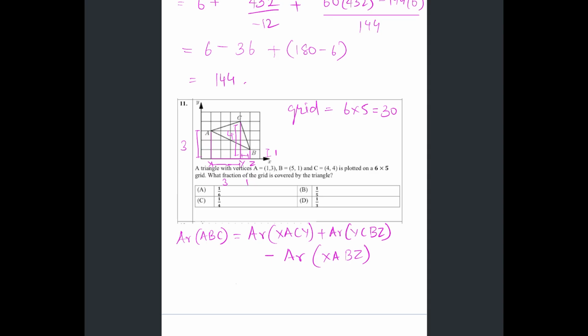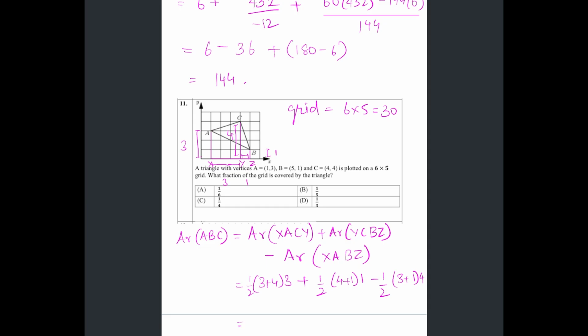So we have the area is equal to area of trapezium XACY, which is half into 3 plus 4 into 3, plus area of YCBZ, which is half into 4 plus 1 into 1, minus area of XABZ, right, which is half into 3 plus 1 into 4, right?